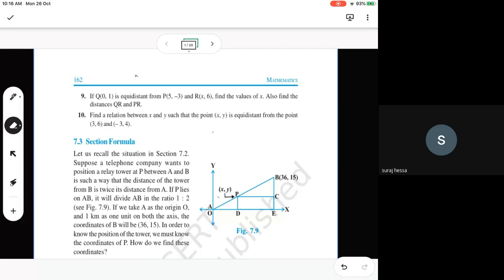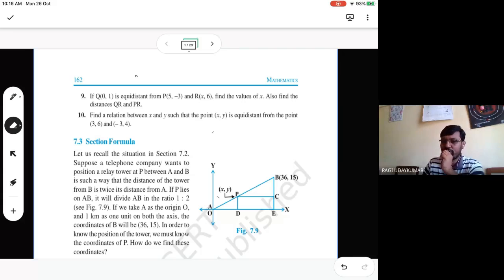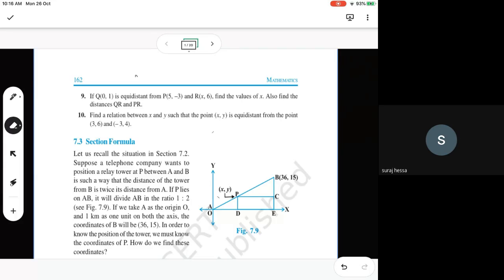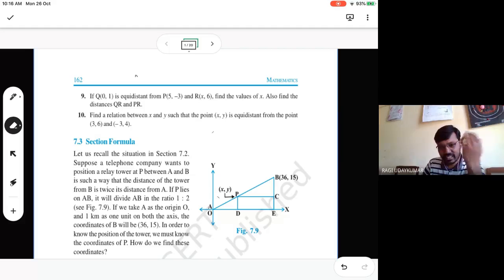Not the exercise, I am asking you the topic. In exercise 7.1, on which formula based problems did we solve? Tell me.